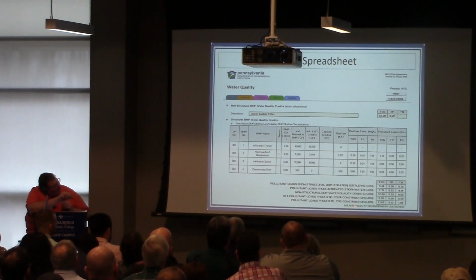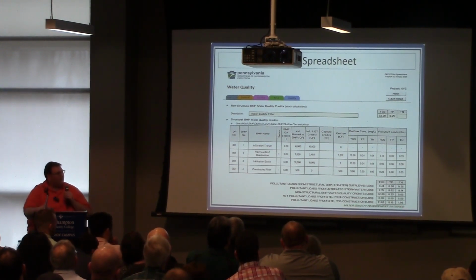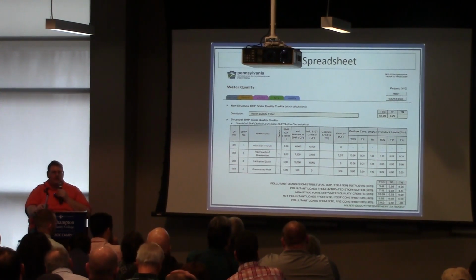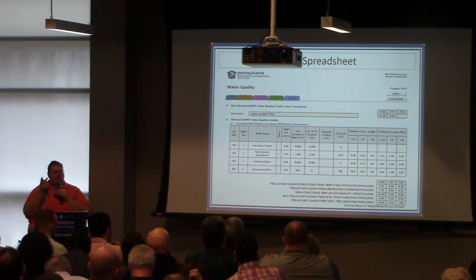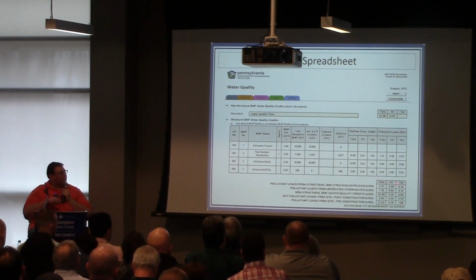And again, you get a green message if you've provided enough BMPs to take care of that difference in water quality for TSS, total TP, and TN.